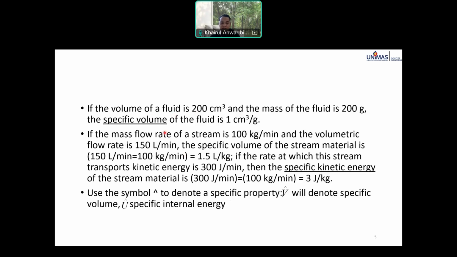This is the example. Point number 2: if the mass flow rate of the stream is 100 kg per minute and the volumetric flow rate is 150 liters per minute, the specific volume of the stream material is 150 liters per minute divided by 100 kg per minute, equal to 1.5 liters per kilogram. If the rate at which the stream transports kinetic energy is 300 joule per minute, then the specific kinetic energy of the stream is 300 joule per minute divided by 100 kg per minute, which is 3 joule per kilogram.